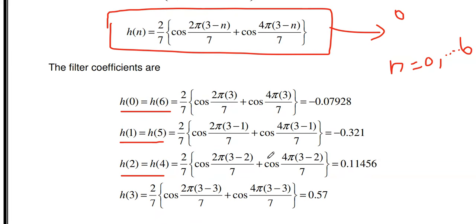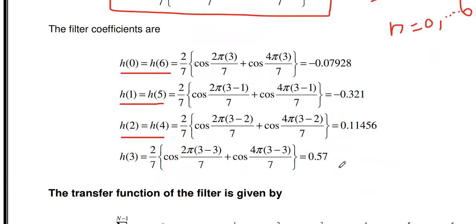While solving this, you should make your calculator in radian mode, since pi will be in the angle. Similarly, putting n equal to 2, we get 0.11456. For n equal to 3, we get 0.57. So these are all the filter coefficients; the 7 coefficients are calculated.